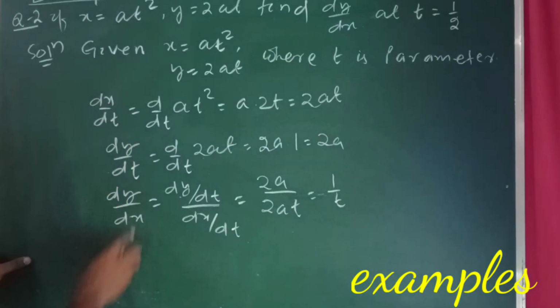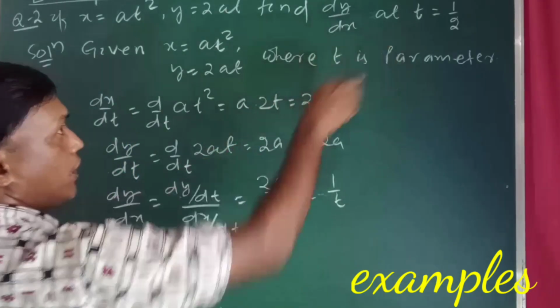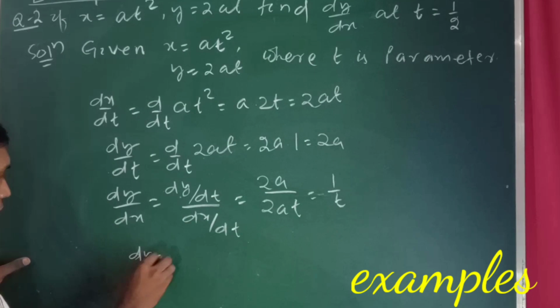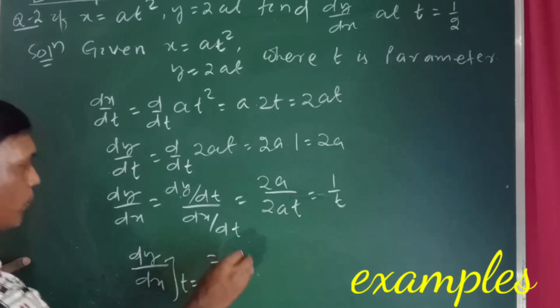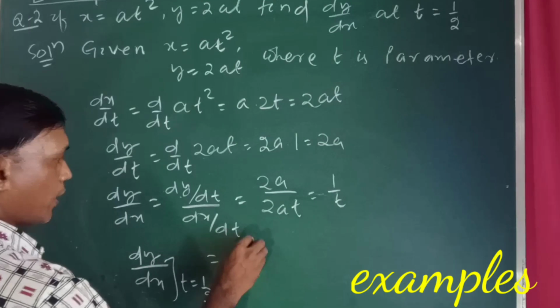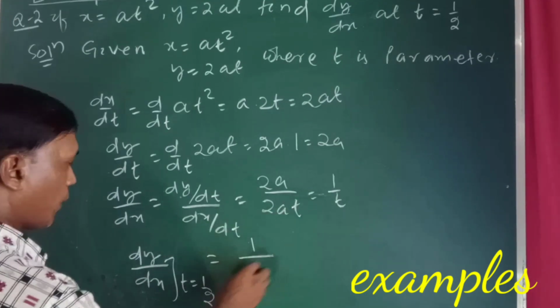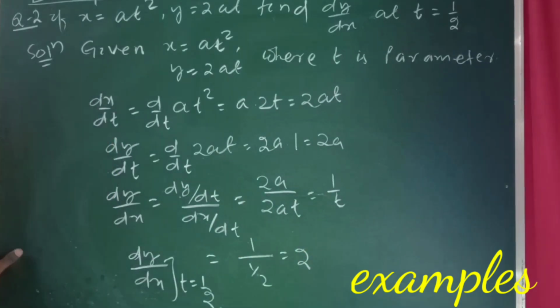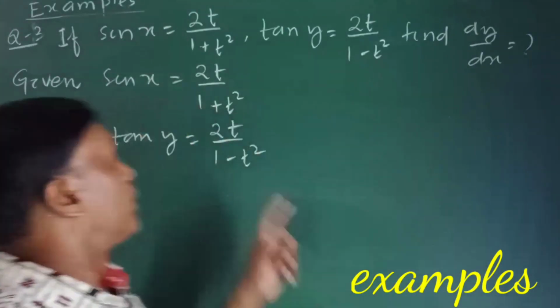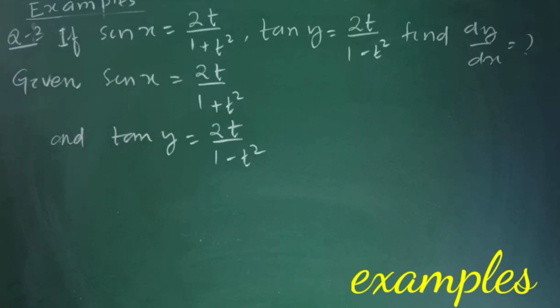So this is dy by dx, but we have to find dy by dx at t is equal to 1 by 2. Now dy by dx at t is equal to 1 by 2 is 1 by t. Put t is equal to 1 by 2, so this is 2.